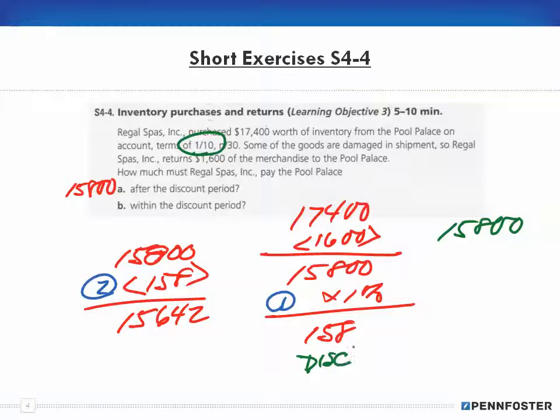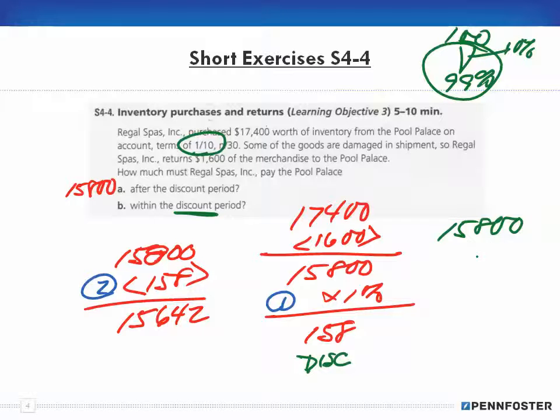The terms discount. But the question is asking me how much I'm paying within the discount period, so the total I'm paying. Well, if I have 100% and I have here 1% of a discount, the remainder that I have to pay is 99%.